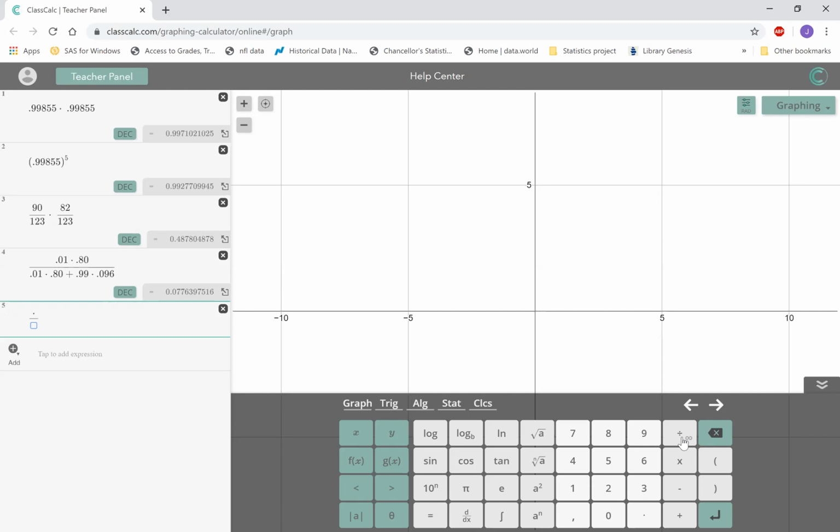So let's say 0.75 multiplied by 0.05, and then we'll say 0.75 times 0.05 plus 0.25 times 0.08. If you look at that, you get 0.6522.